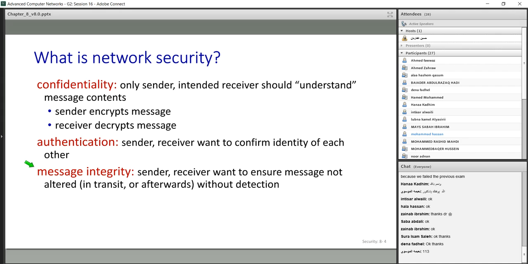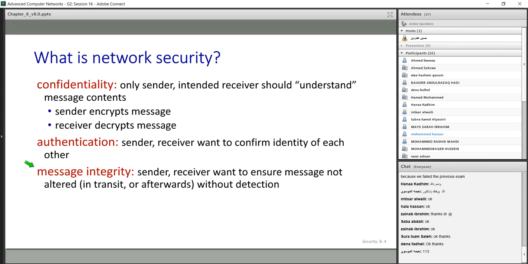I don't know who changed the message, but Ahmed should be ensured whether my message is altered or not. Maybe during transmission, maybe after receiving, I don't know. So message integrity means that the sender and receiver want to ensure the message is not altered.